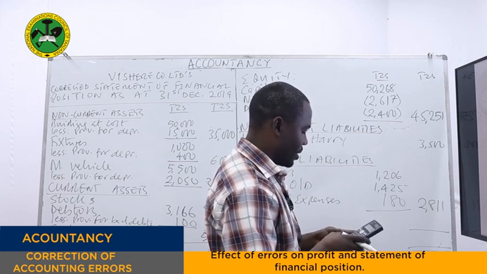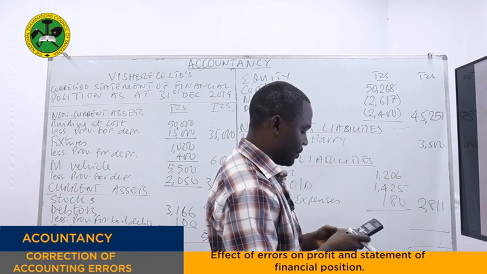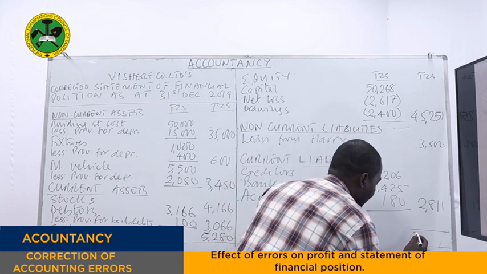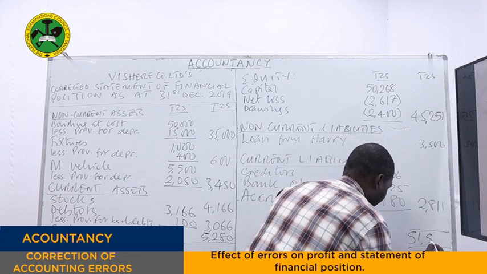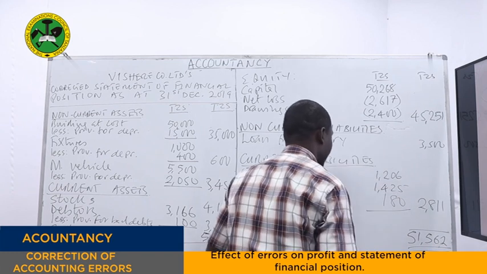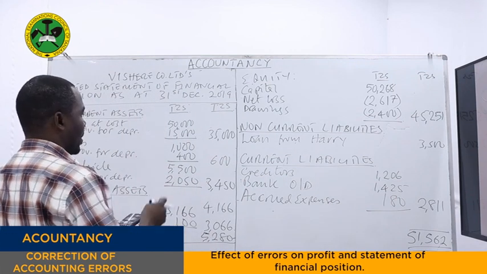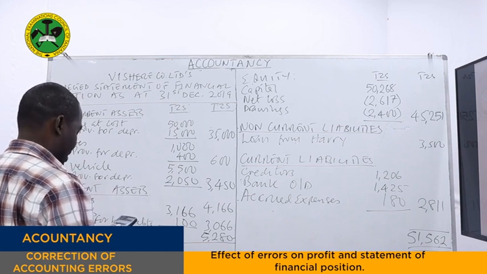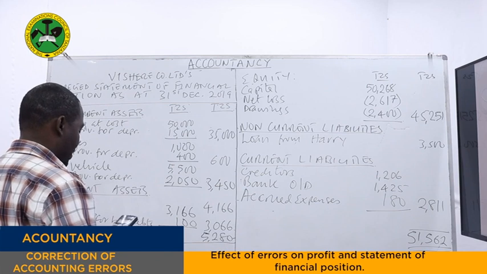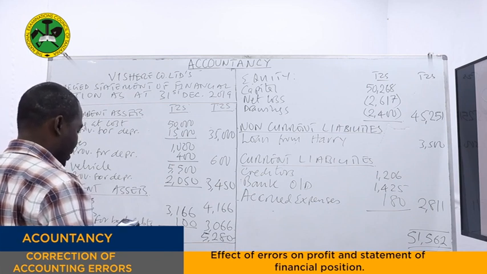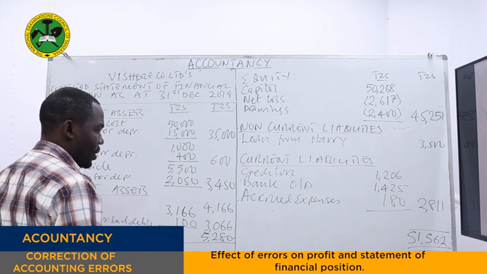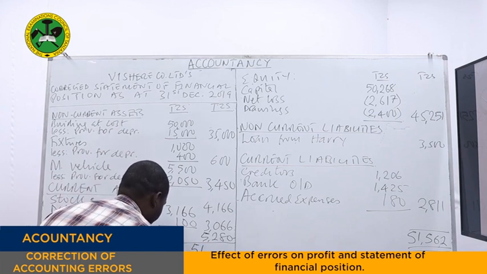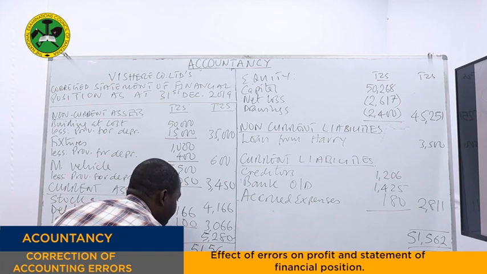So let us compute our total on the liability side. 3,500 plus 45,251. We get here 51,562. And also we make our total here: 3,500 plus 600 plus 3,450 plus 4,166 plus 3,066 plus 280, making a total of 51,562.